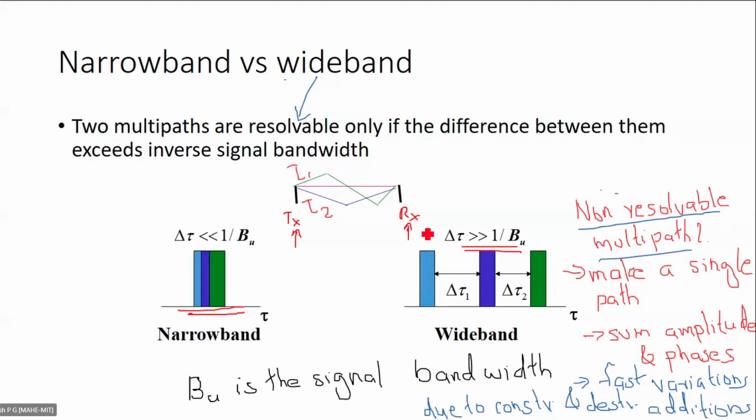And if you have multipaths that have components like the green color, blue color, etc. If you have three components or four, and if they are packed together, or if they are non-resolvable, then we call that kind of system a narrowband system, narrowband channel.